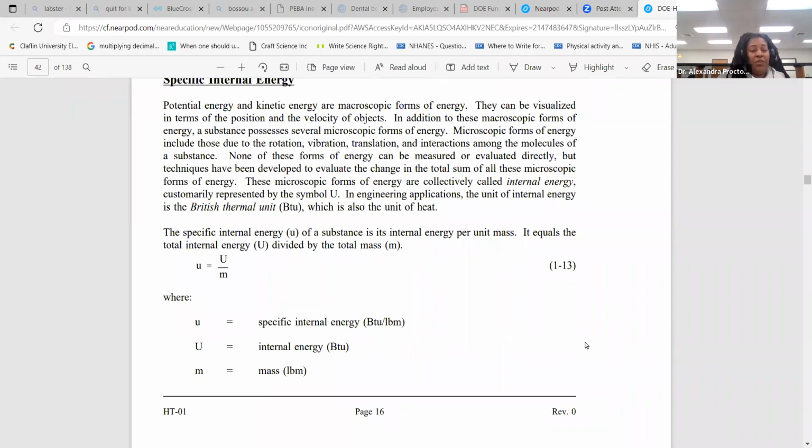Capital U is the internal energy, which is in BTU, and mass is in pound mass. So you have to keep those U's straight.